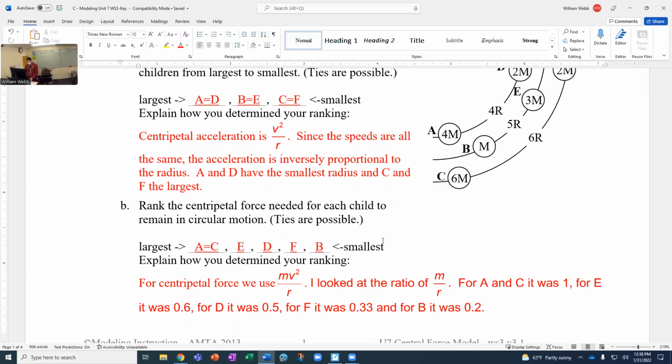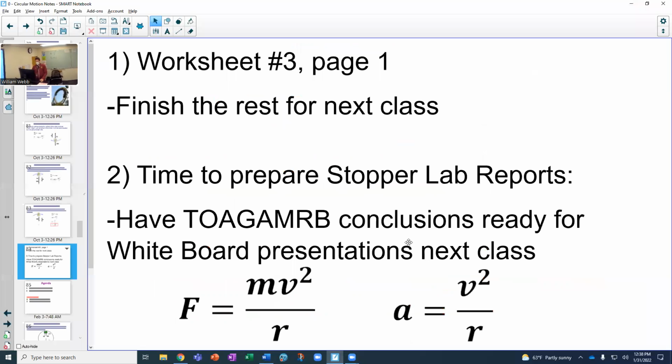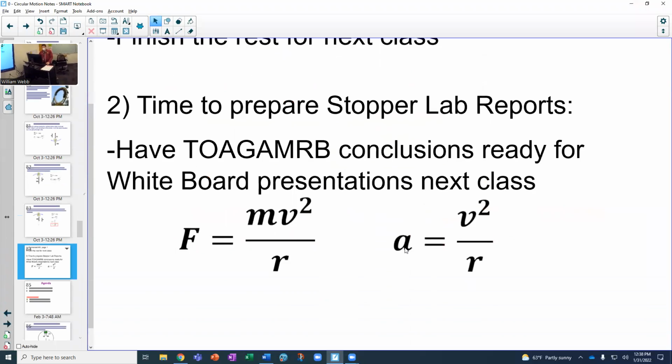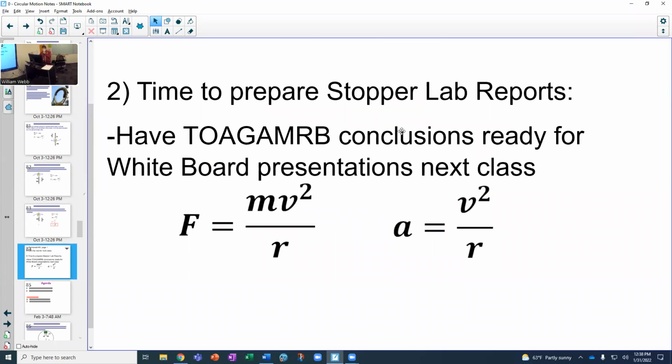All right, so with your lab partners, you need to think about your TOA-GAMR conclusions. If your TOA-GAMR is force and acceleration, well, think about the relationship. What is force and acceleration, right? F equals ma.